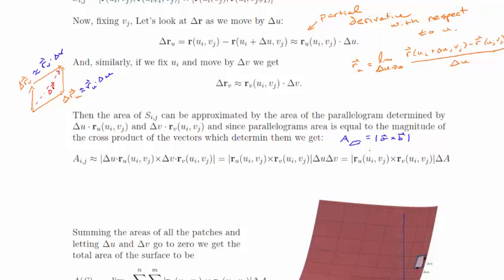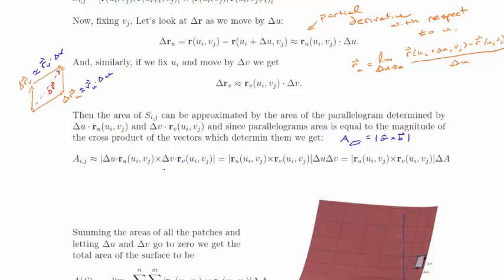So this is just a review of how we get the area of a parallelogram. So since the vectors we're looking at are r sub u times delta u and r sub v times delta v, the area of one of these parallelograms is going to be approximately the magnitude of delta u times r sub u crossed with delta v times r sub v.